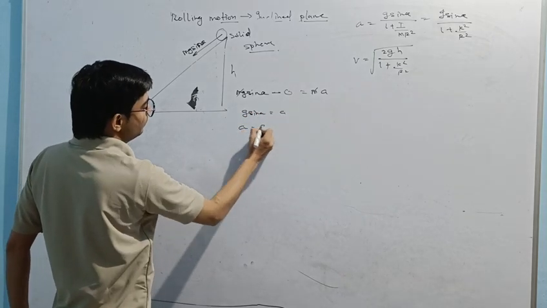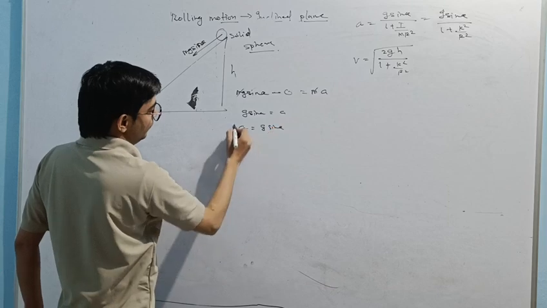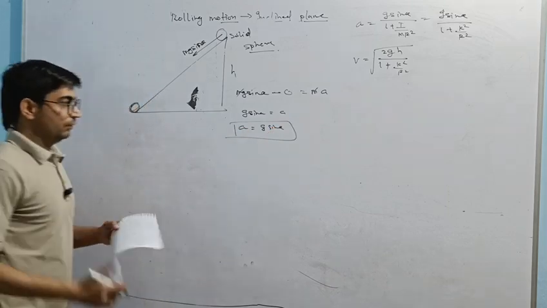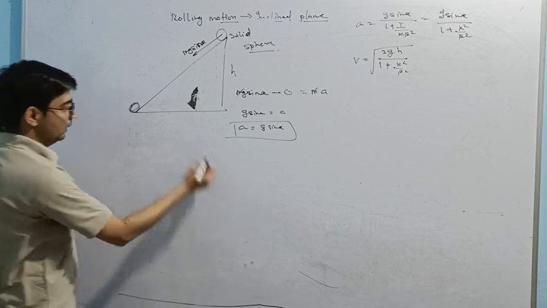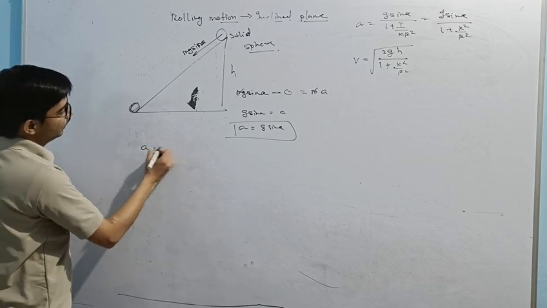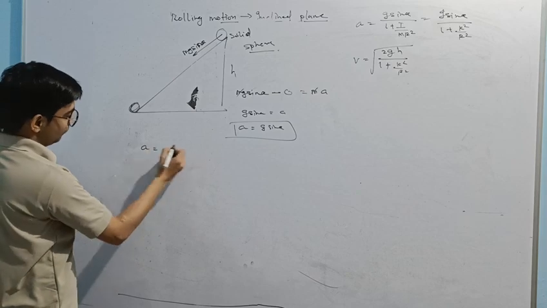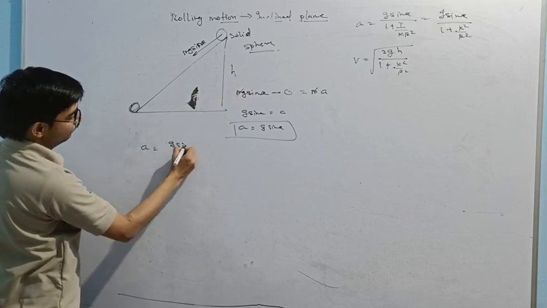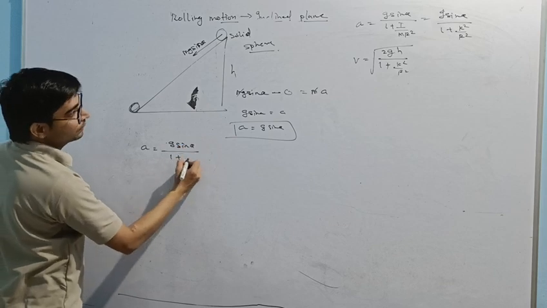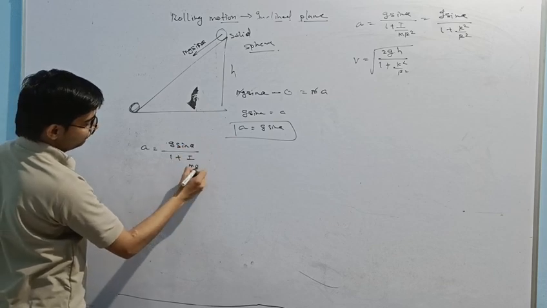Is it clear? For rolling we have a equal to g sin theta divided by 1 plus I upon mr square.